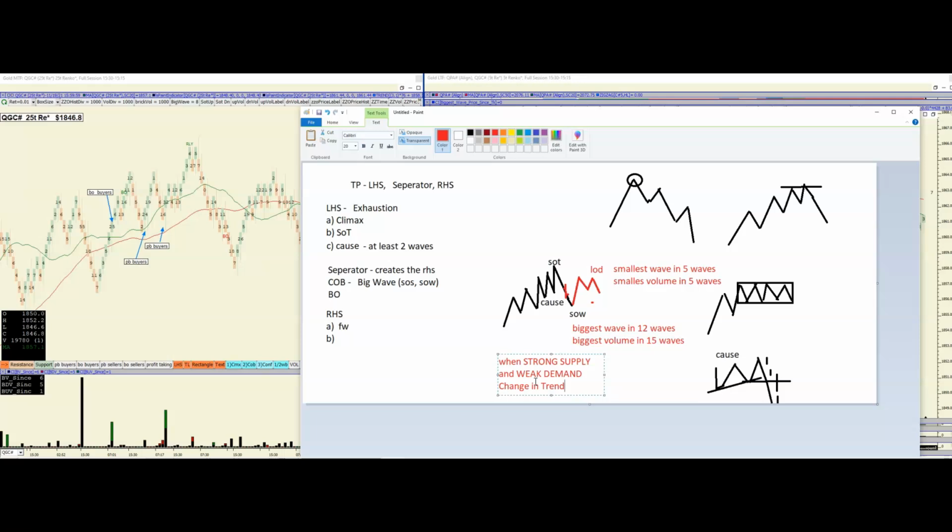That is Wyckoff. Not the stuff that you see on YouTube where you have some guy doing a selling climax, automatic rally, secondary test, phase A, B, C, D, E, F, G, and whatever. That is hypothetical hindsight labeling. Stay away from that. Those who teach it don't know what they're doing.